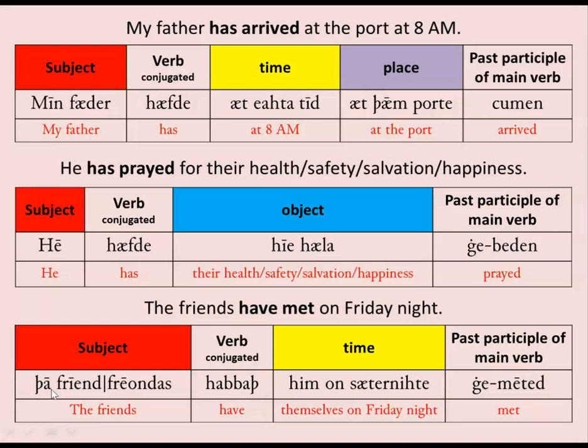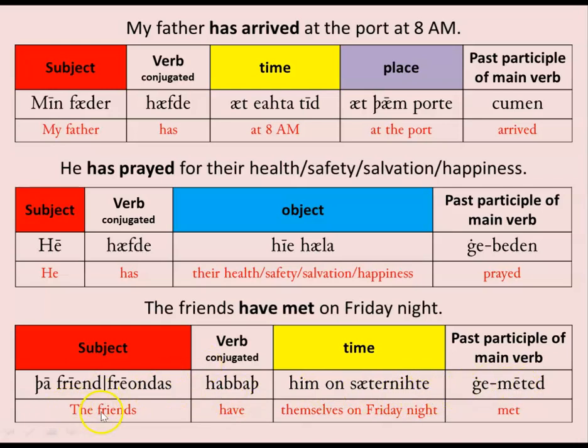Here, the nominative accusative masculine, neuter, feminine, plural, when we're talking about two or more people, which is the case here because the friends, so we want the plural. Nominative and accusative in the plural case is just tha for all genders, masculine, neuter, feminine. So tha vereenders habet him on Saturnichte gemated.